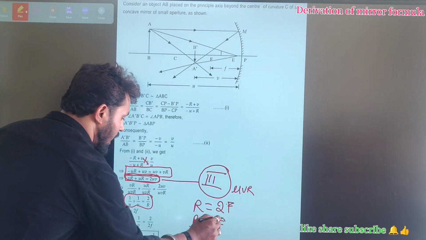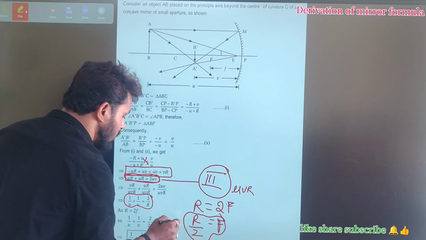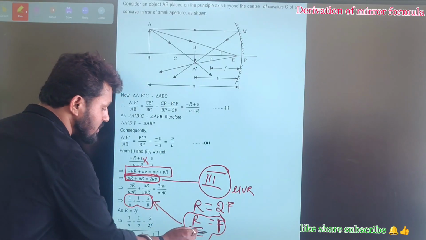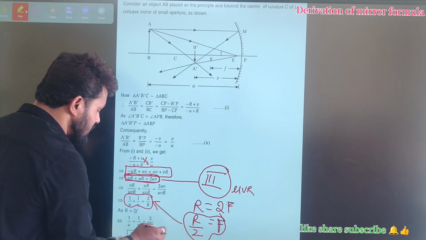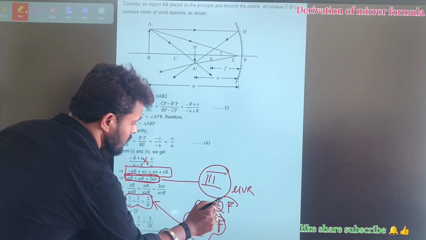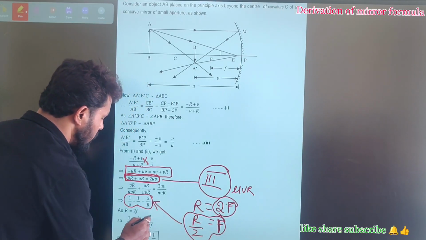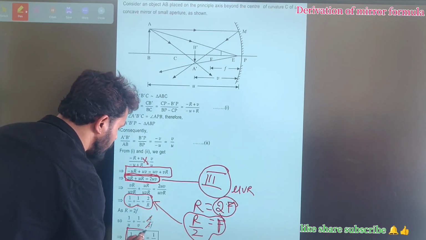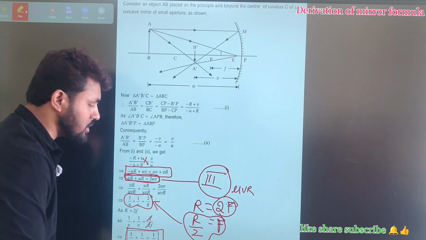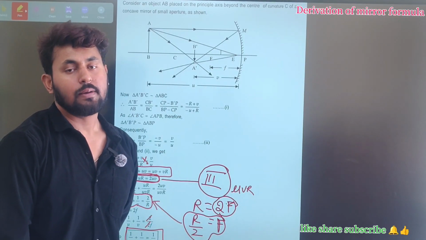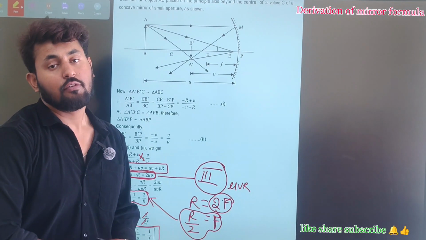If I substitute this, instead of R I can substitute 2F. This 2 will get cancelled, and I will get the final equation of the mirror formula, that is 1 by U plus 1 by V is equal to 1 by F. This is the mirror formula.